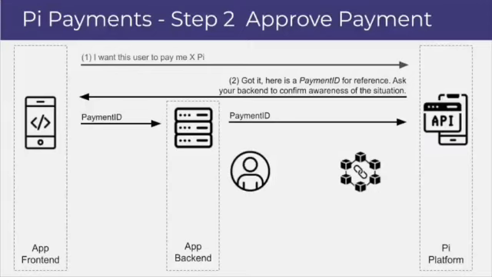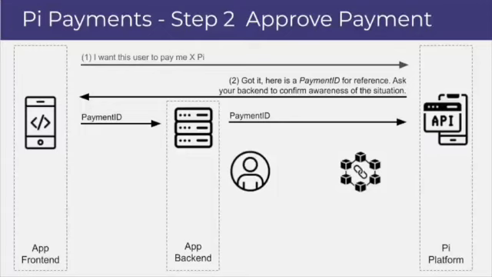Now, the payment ID has to be recorded by the app backend, and as a way to prove that the app backend is aware of this payment ID and isn't going missing, the app's backend has to send it again to the app platform to confirm that it's aware of this payment ID.